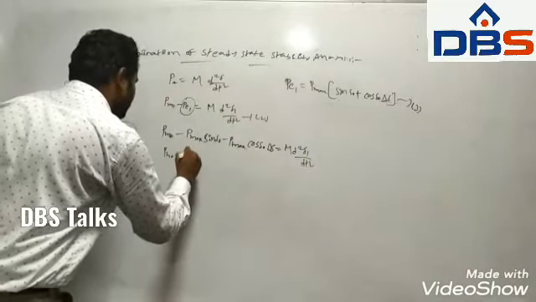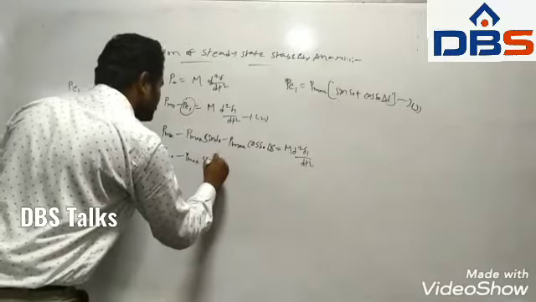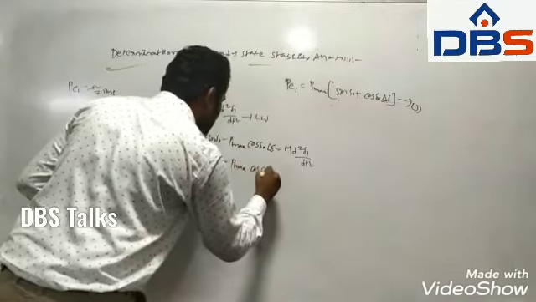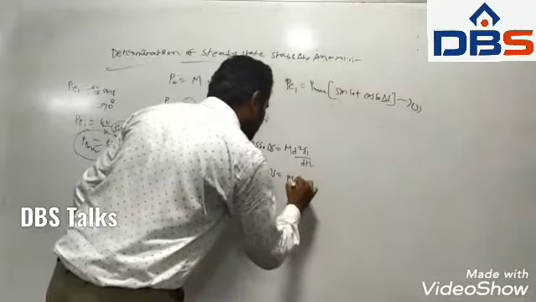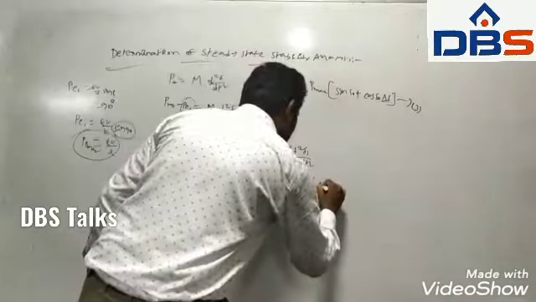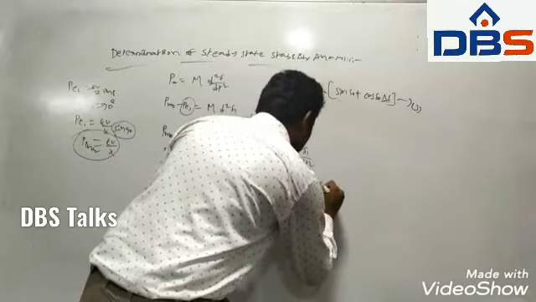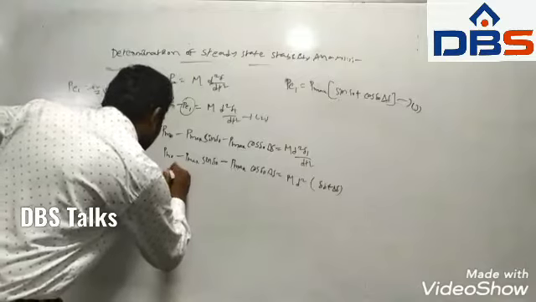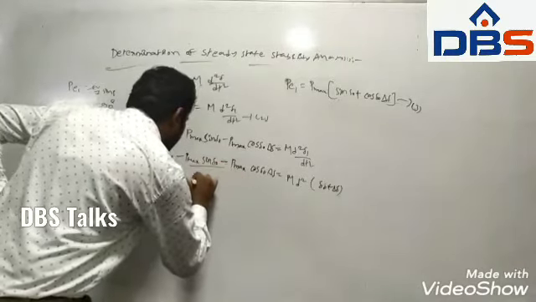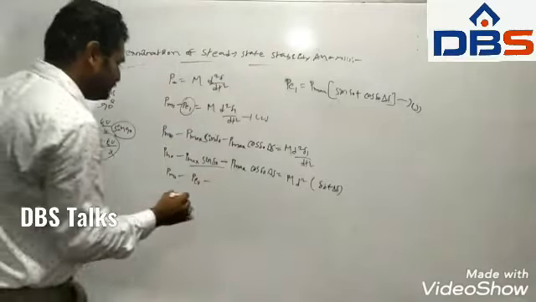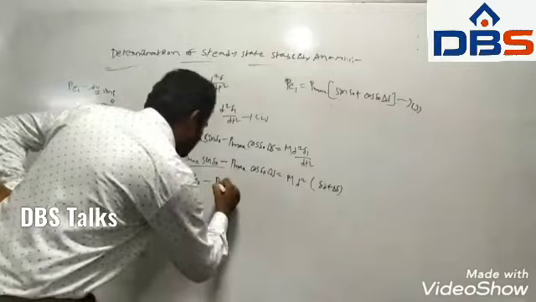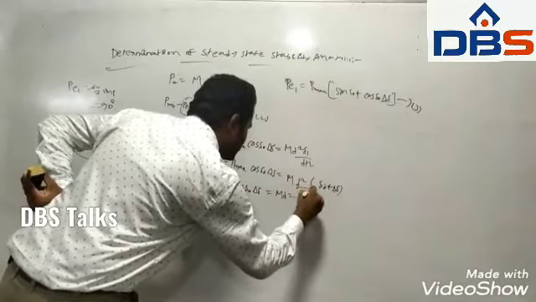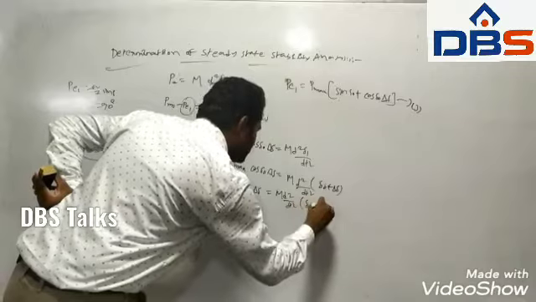Here we substitute delta 1 as delta naught plus delta delta, from the power angle curve that we have seen previously. So Pm naught minus P maximum into sin delta naught, where P naught is the output electrical power, minus P maximum into cos delta naught into delta delta is equal to m d square by dt square into delta naught plus delta delta.